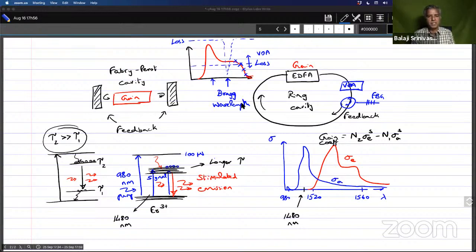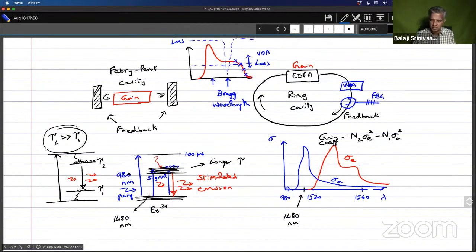Okay, is it the amplified spontaneous emission that goes into the feedback for laser generation, or the spontaneous emission? Good question. So let me quickly address that. Initially, when you start a laser, you start pumping.